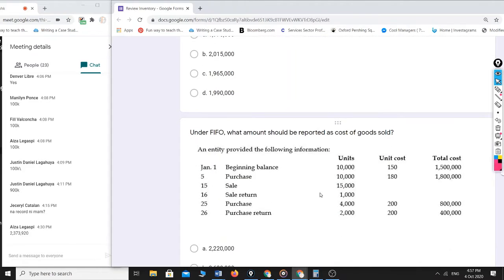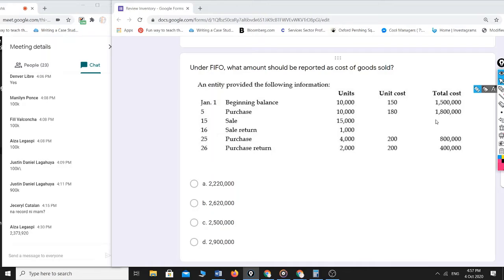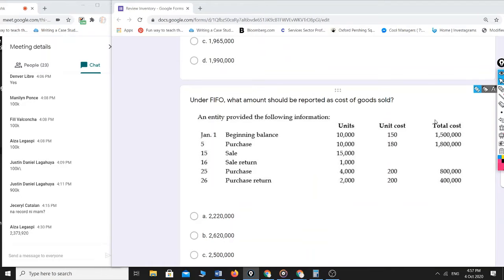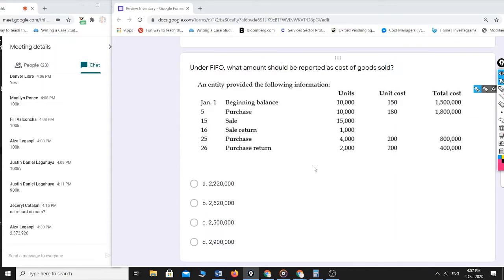Next. Okay. So, according to PAS 2, as to the cost of the inventory, na ay two method. Unsaon na to ang costing sa inventory. It could be FIFO method or weighted average method. Though the third one is the LIFO, but it is no longer allowed by the standard.